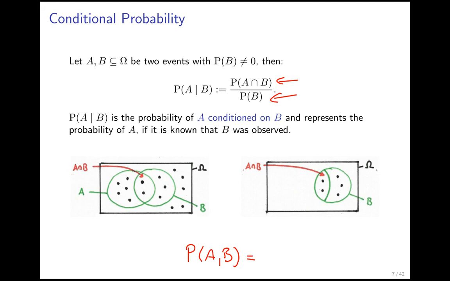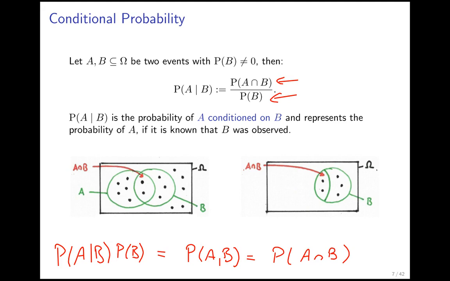And remember, this is a shorthand notation for the probability of the intersection of A and B. And in order to come to the formula that is the definition of conditional probability, we're going to rewrite this. And I'm going to write it down and then I'll explain it.